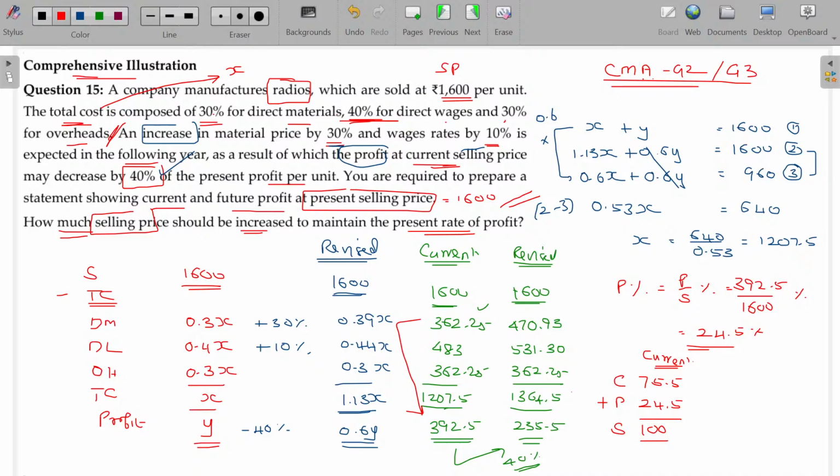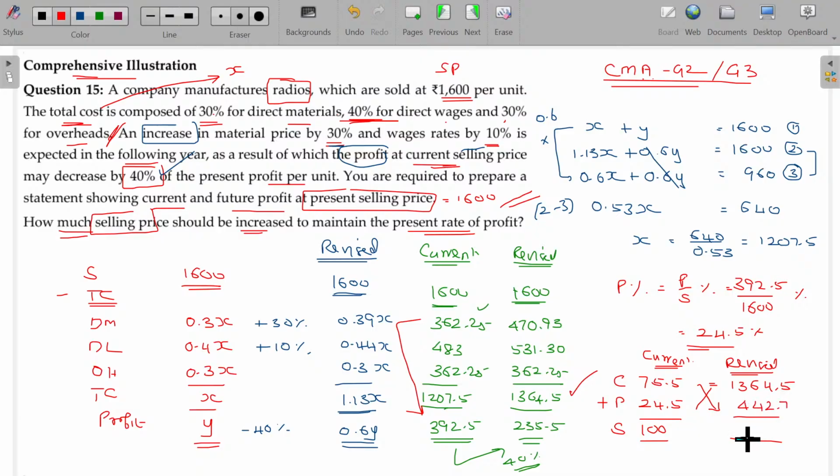In the reverse scenario, I know the total cost. The total cost in the reverse scenario is 1364.5. 75.5 is equal to 1364.5, so 24.5 should be how much? 442.7.